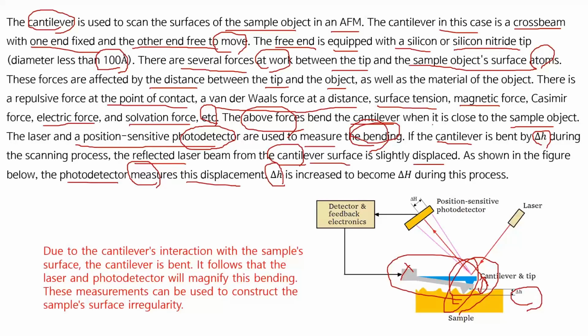In this case, delta h is increased to become delta H during this process. Due to the cantilever's interaction with the sample surface, the cantilever is bent. It follows that the laser and the photodetector will magnify this bending. These measurements can be used to construct the sample surface irregularity.